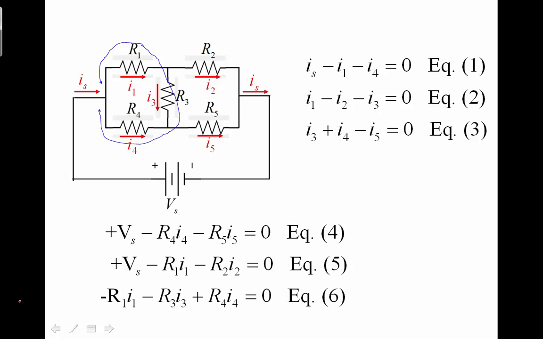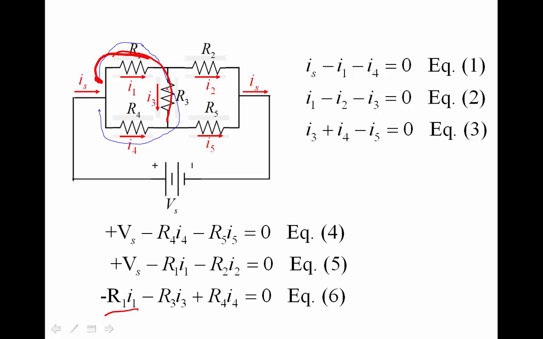Then I just arbitrarily picked this loop. It says 2 arrows there. It should only have 1. Okay, so I start at the top, so let's get this right. So I'm starting here, going through R1, so that's minus R1 I1.